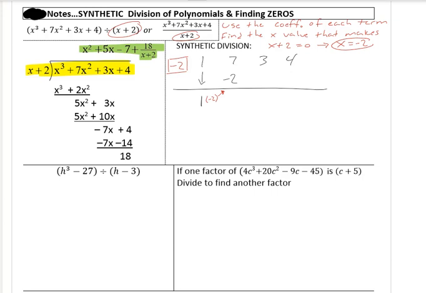I add down, so 7 minus 2 is 5. I repeat the process, times the negative 2, add it up here, and I get negative 10. Negative 10 plus 3, so you add down, gives me negative 7. Multiply by negative 2, you get 14. 14 plus 4 is 18, and we are done.